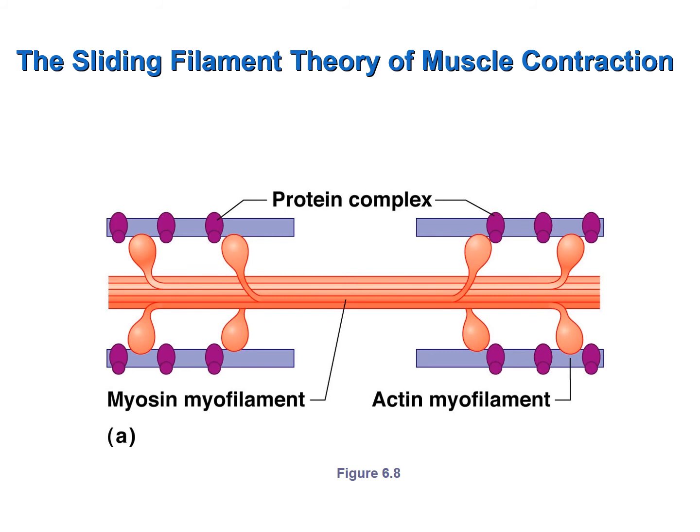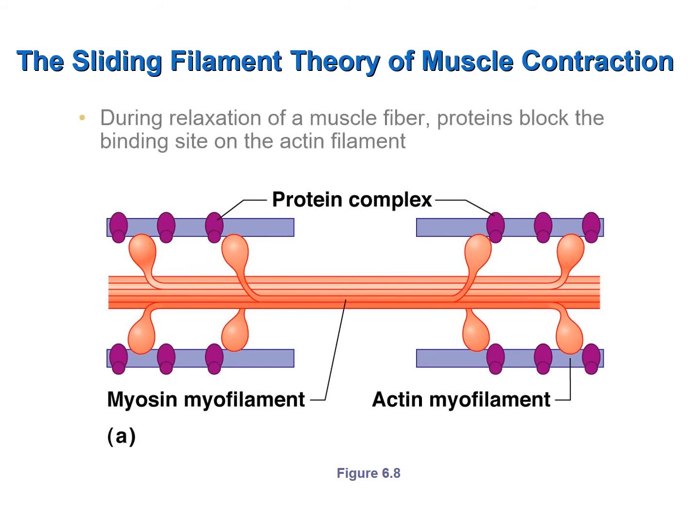Just know that they're protein complexes, and know that normally they prevent the myosin heads from accessing the myosin binding sites on the thin filaments. So these proteins block the ability of the myosin heads to bind the thin filaments. And so if the myosin heads can't bind the thin filaments, they can't contract the sarcomere.